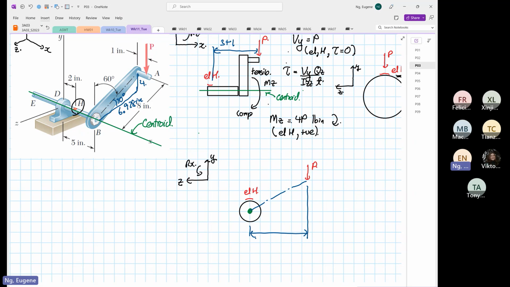It is equal to cos 30 times 8, which is 6.928.